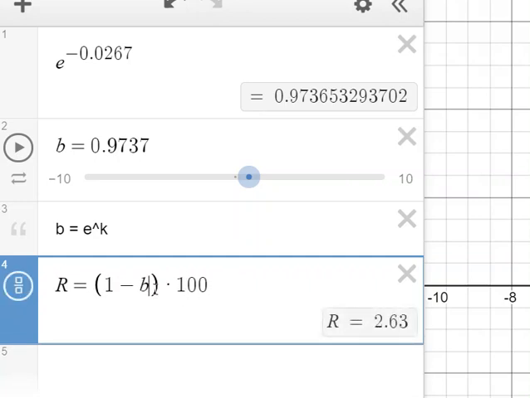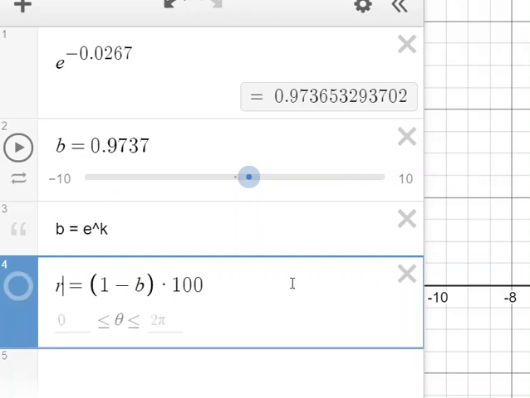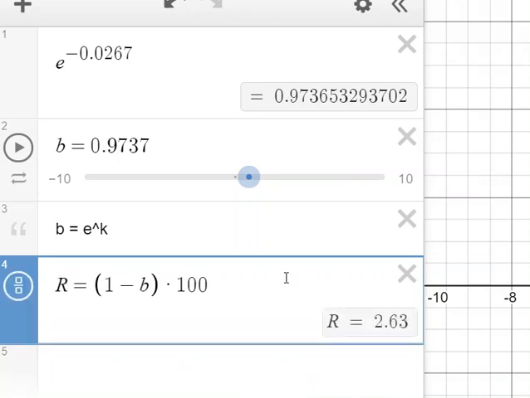There we go. I used the wrong letter on accident. I meant to put my b right there to have the growth factor b be inputted into this equation. So I guess I gotta use a little r, and nope, it doesn't like little r. Capital R it is. Okay, so that gives us a percentage of 2.63%.